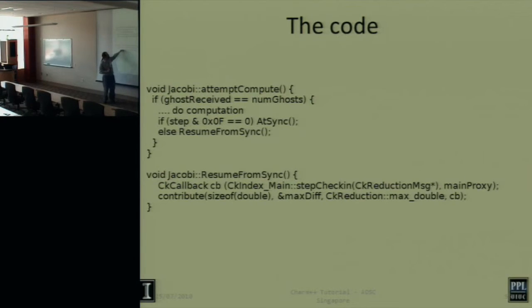And as everyone arrives at the root from sync, they're going to contribute to this reduction, and it will give us the max diff, and the callback root will end up being that function on main, which will be called when everyone has contributed inside their resume from sync. And now your main loop will say, oh, once resumed, let's kick off the next iteration.